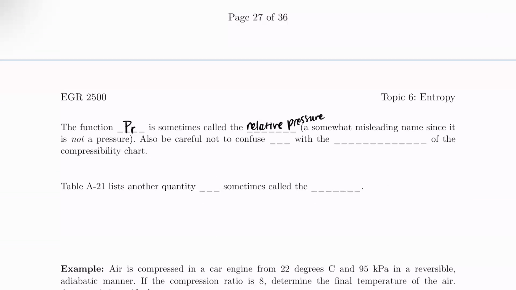Just be aware of that, but also be careful not to confuse PR with the reduced pressure, which was called P subscript capital R, in the compressibility chart in topic 3, I believe. Given the context of the problem, I don't think you're going to be confusing these two things, but I just wanted to make you aware of the slipperiness of the notation here.